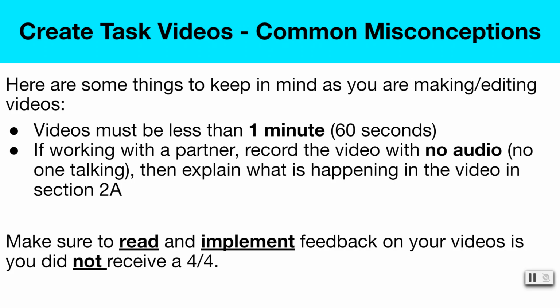But then in your 2A, explain what's happening in your own words so that each of you have your own perspectives and your own contributions to the response. Make sure you're actually reading and implementing the feedback that we're writing. We went through each of your videos and gave each person feedback. So do not just glance over that. Make sure you're reading it.